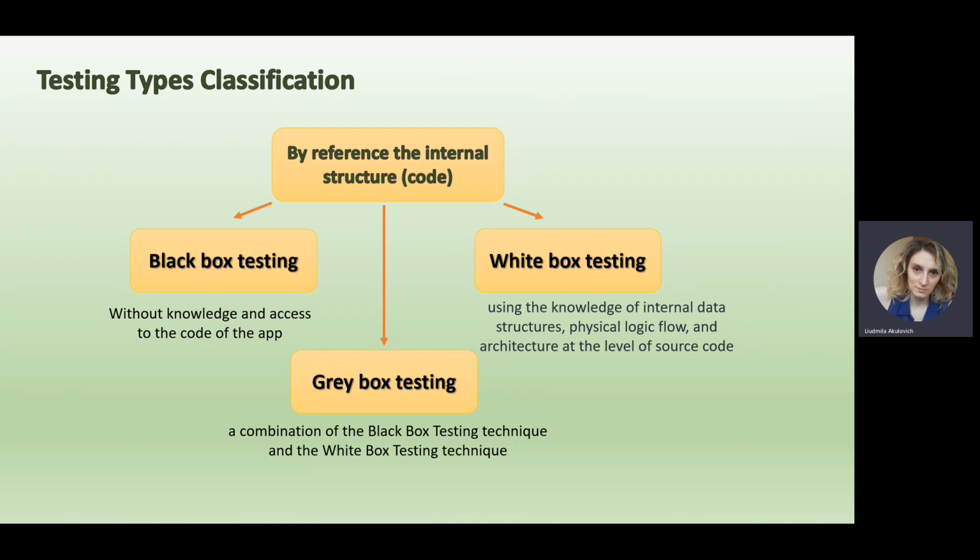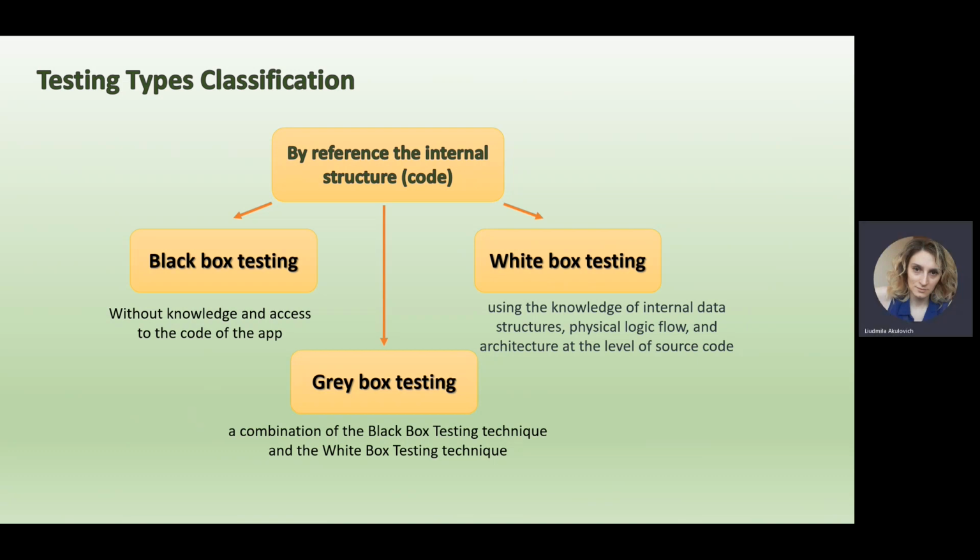We have no access and nothing is known about it by the testers. I do not know the programming language, I cannot understand the code, and I have no access to it. The idea of black box testing is to test the application from the side of the final user. So you interact with this application from the side of an external final user.